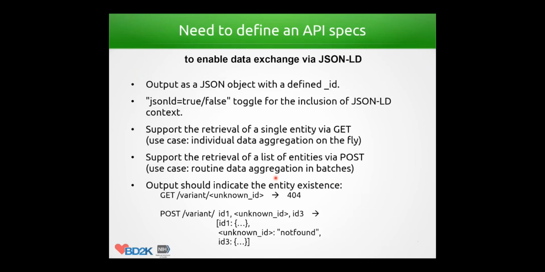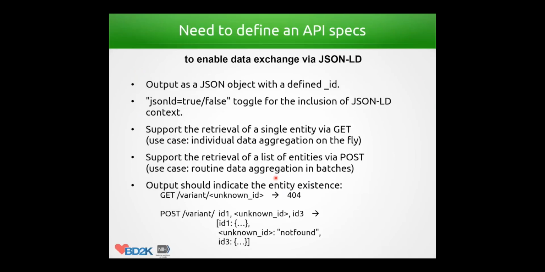Okay. And then another direction for us is that we want to define some kind of API spec, because in order to do this integration, we do require the API to follow some kind of guideline or standard.